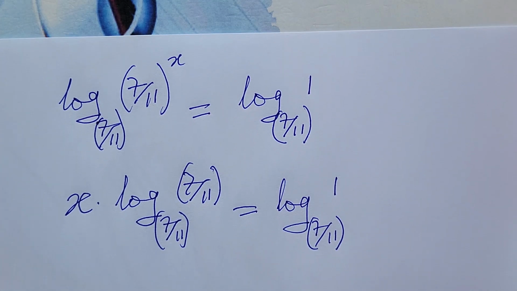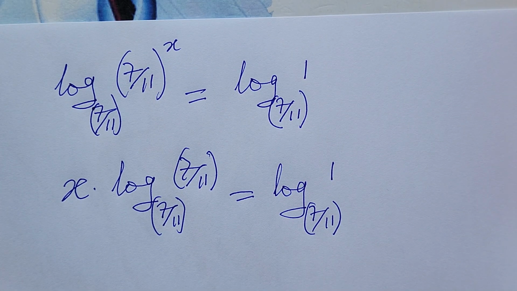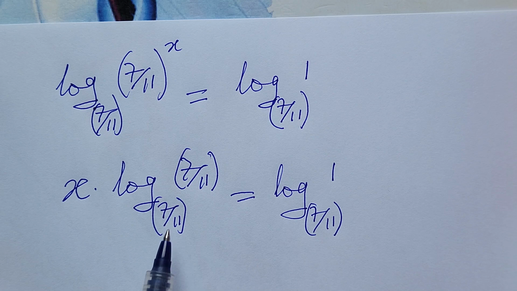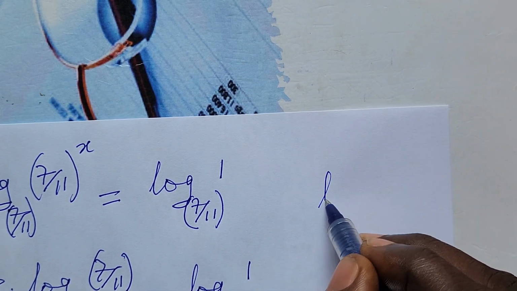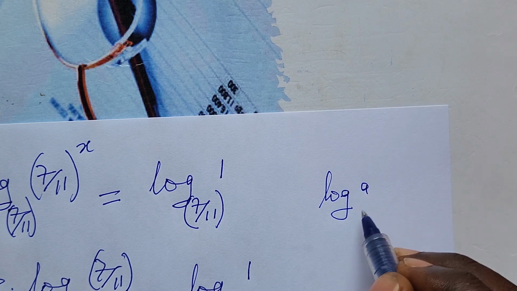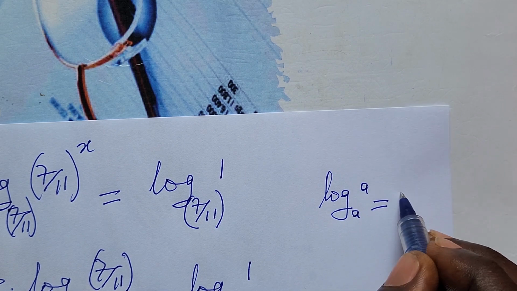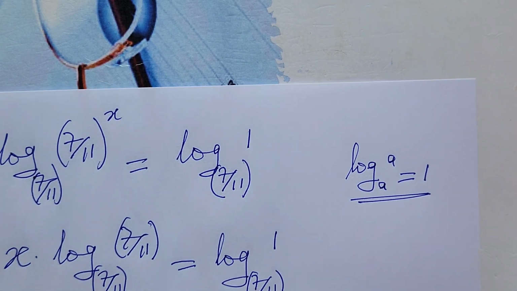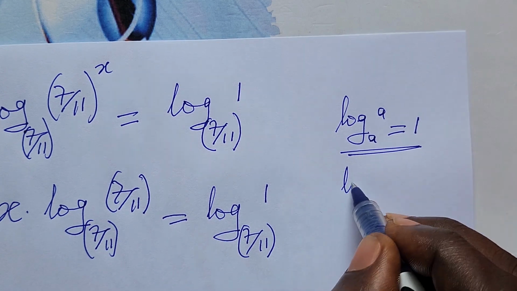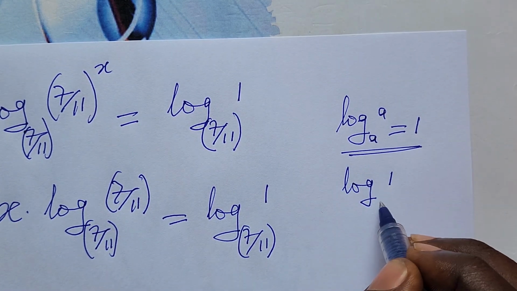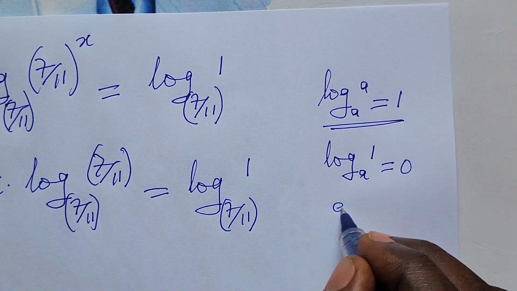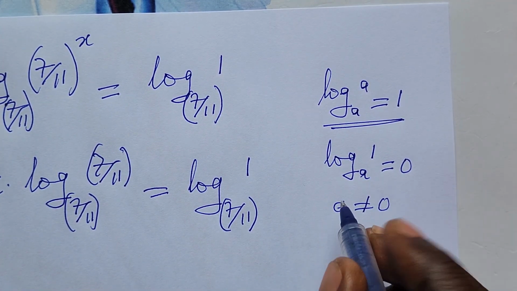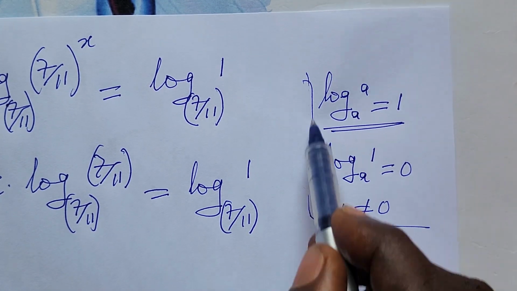Now, if we look at this carefully, we know that the log of any number base itself is equal to 1. Remember, we said that log a base a is equal to 1. We've established this fact already. And again, log 1 base a is equal to 0, provided a is not equal to 0. We said this before now, right?